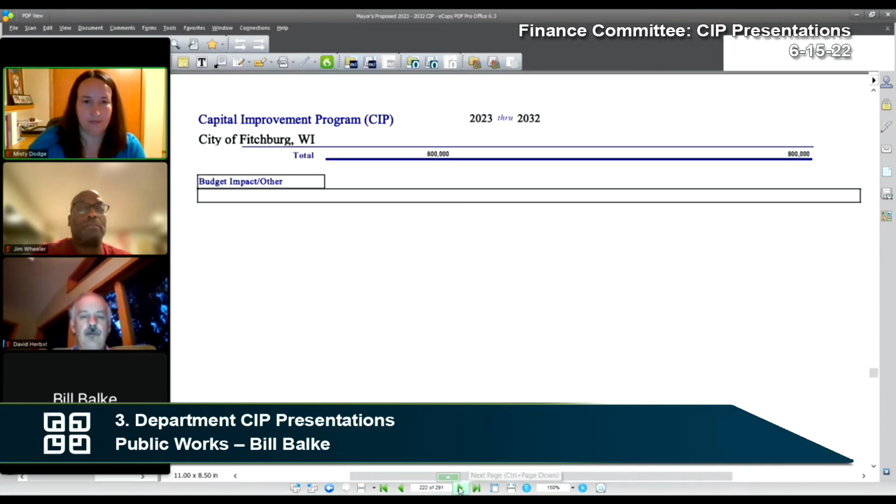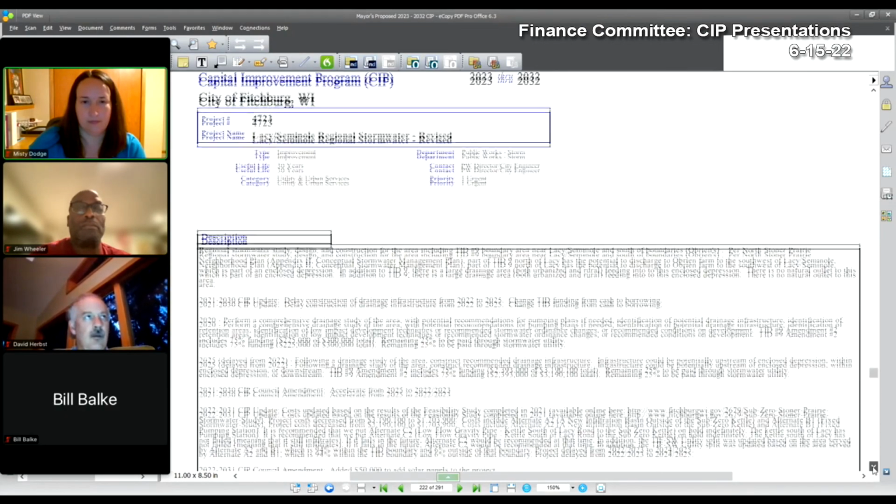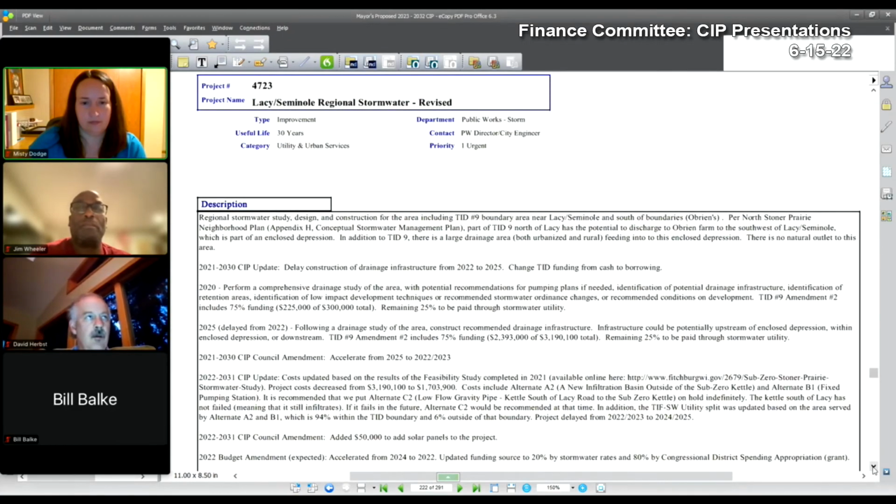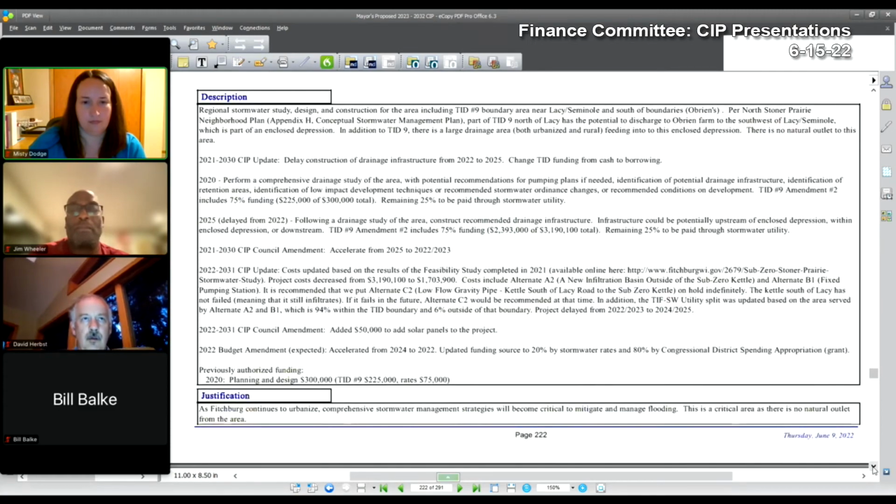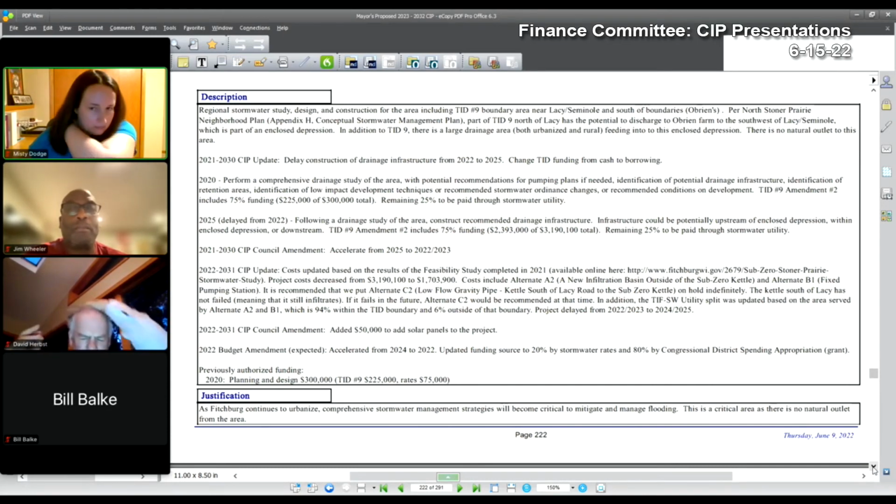4723, Lacey Seminole Regional Stormwater Pond. This project is the drainage basin by Sub-Zero. Closed depression kettle requires a design to reduce the impacts of flooding on adjacent property in the basement. The feasibility study was completed in 2021 and made several recommendations.